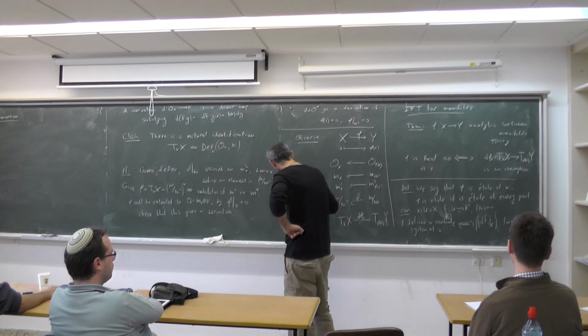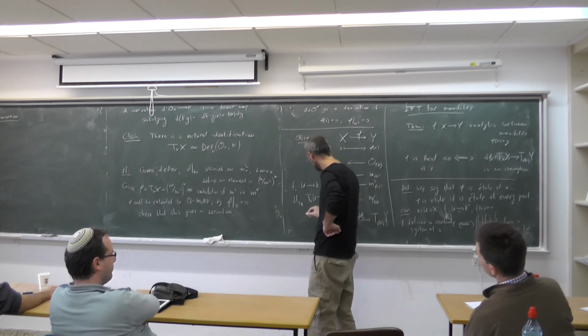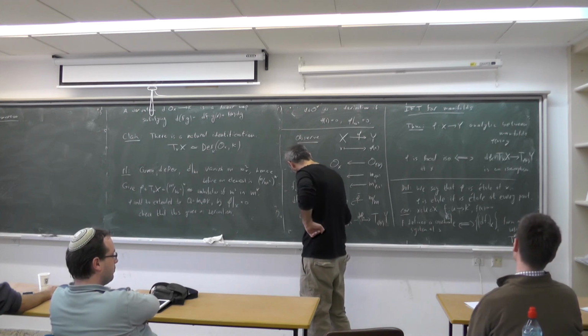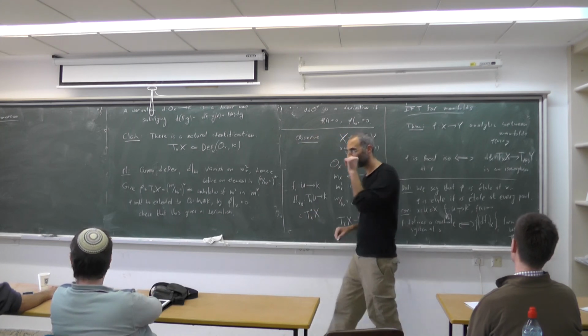So df_i at x is a function from T_xU, whatever, to K. So it is an element of the dual of the domain.